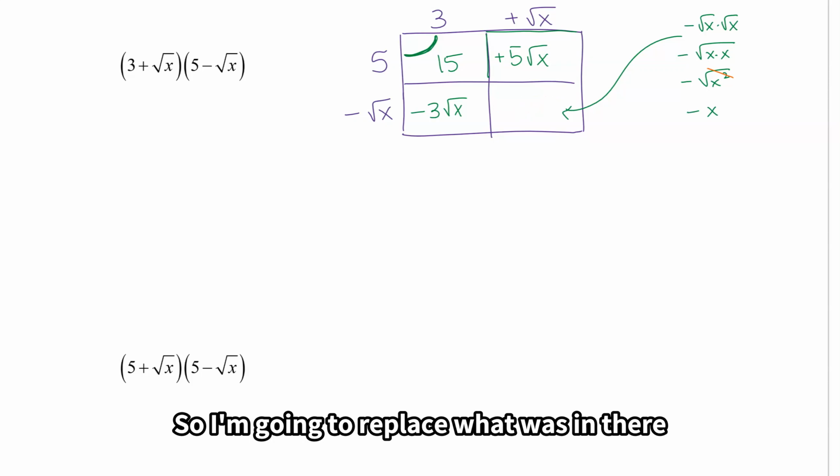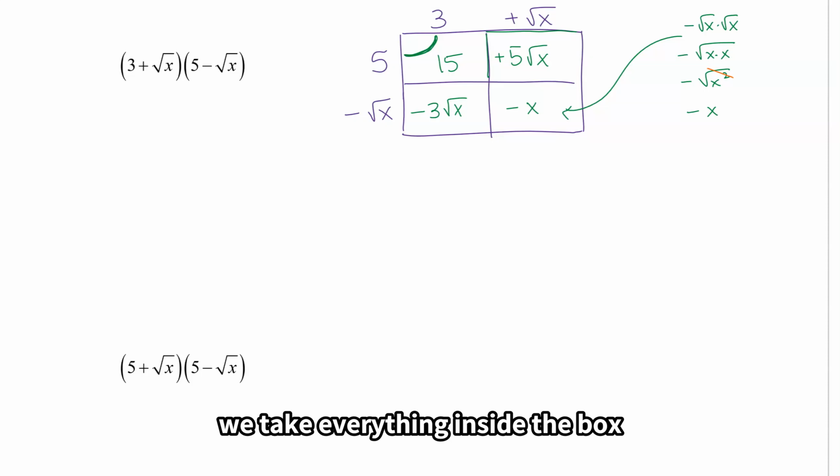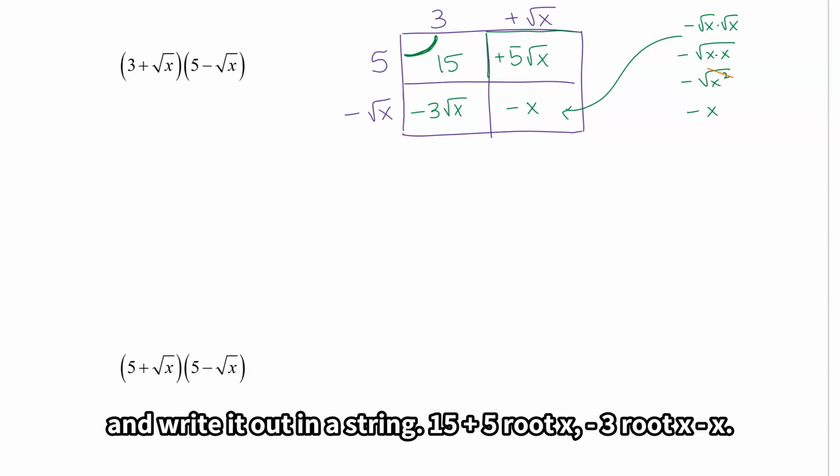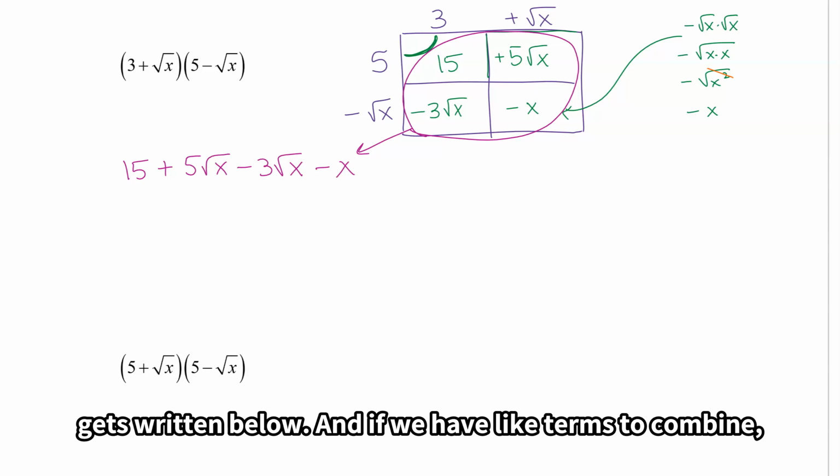So I'm going to replace what was in there with minus x. And now, once we do the multiplying with the box, we take everything inside the box and write it out in a string. 15 plus 5 root x minus 3 root x minus x. So everything up here gets written below.